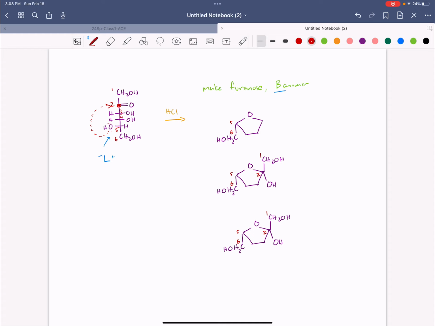So on carbon number 3, when you tip it to the right, that OH is down. And same thing with carbon number 4. And so, again, just to label the steps, we did this first and second, and this is done. Okay?